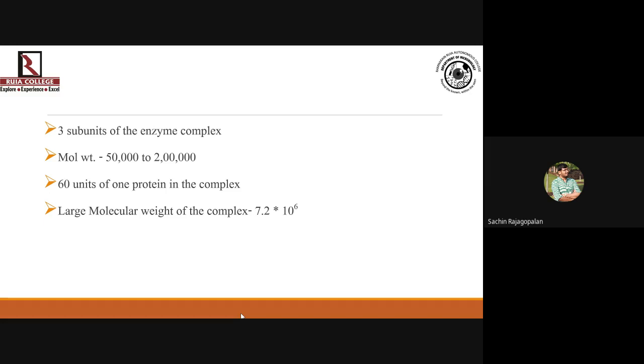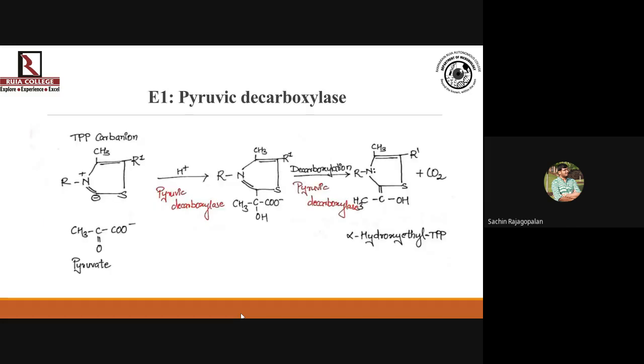Every enzyme unit there is around 50,000 to 2 lakh Daltons, and you can see that if you have 3 subunits, even if you have one copy of each, it's going to go to a huge molecular weight as a whole complex, right? And moreover, if you have multiple copies of the enzyme in the complex, then the weight is going to go on increasing. So this is just a general figure that has been notified over here.